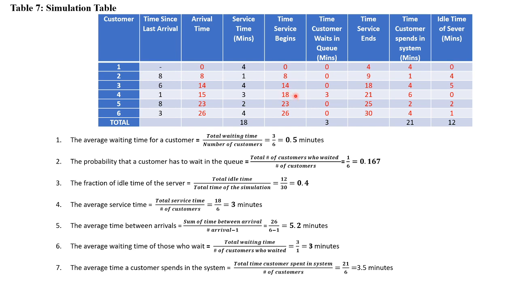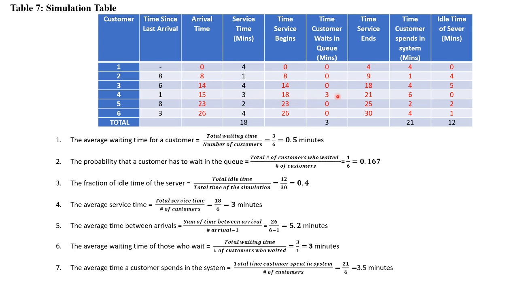Then the waiting time. Customer 4 has been in the system since time 15, and at time 15 customer 3 is being attended to, so it has to wait for 3 minutes. It's going to be 18 minus 15, that is 3. After 3 minutes, customer 3 is gone, and then they can attend to customer 4.